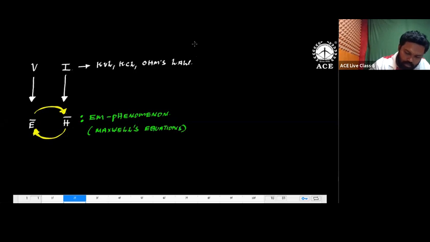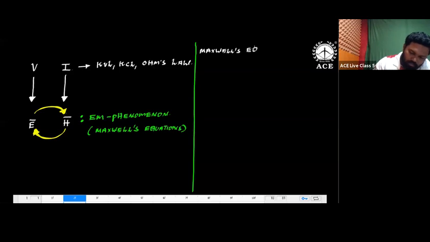How do they look like? You just need to observe them. Maxwell's equations look like this. The first Maxwell equation is something like this.